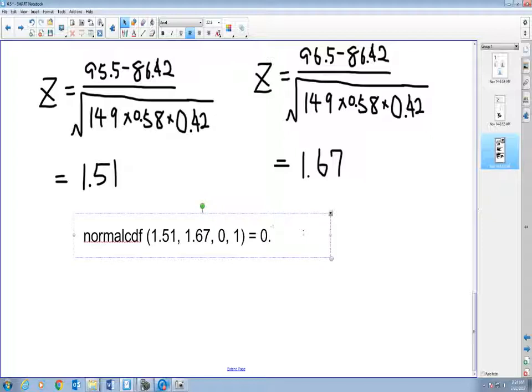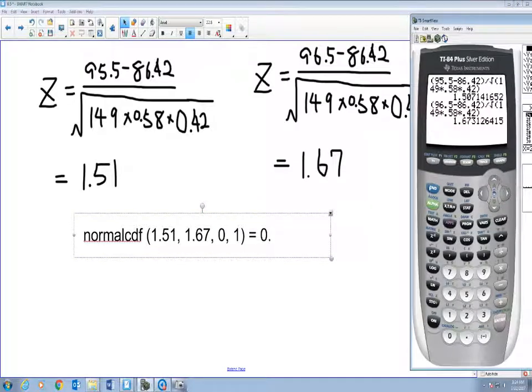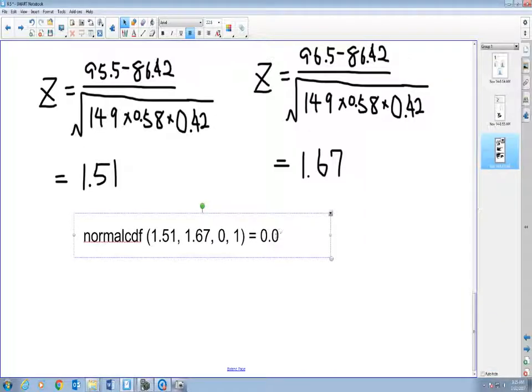Okay, what's the chance exactly 96 people out of the sample of 149 will not get the flu? 0.0181. About a 1.8% chance they would not get the flu.